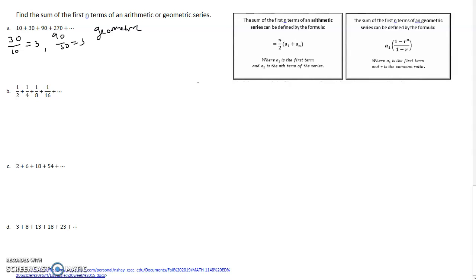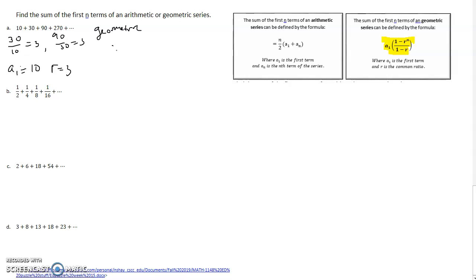So how do we find the sum of the first n terms of a geometric series? We're going to use this formula right here, which says take your first term. Actually, real quick, before we do this, the two things we need are our first term, which is 10, and our common ratio, which is 3, because it's going up by a multiple of 3 each time.